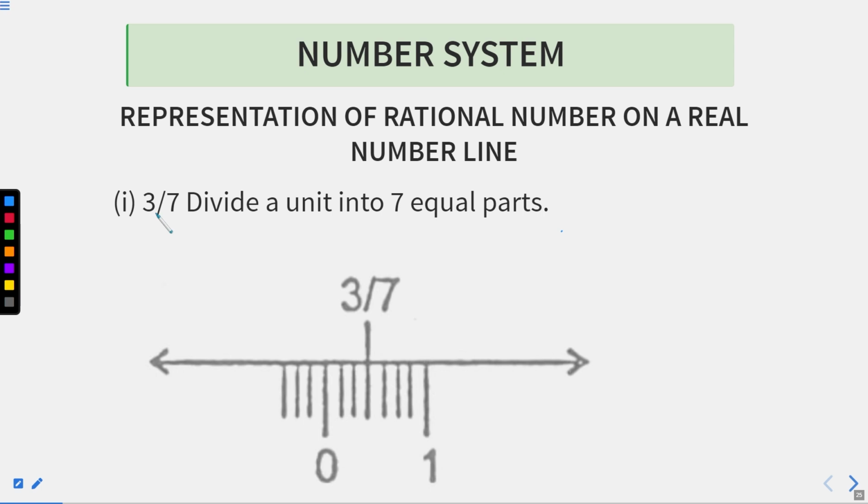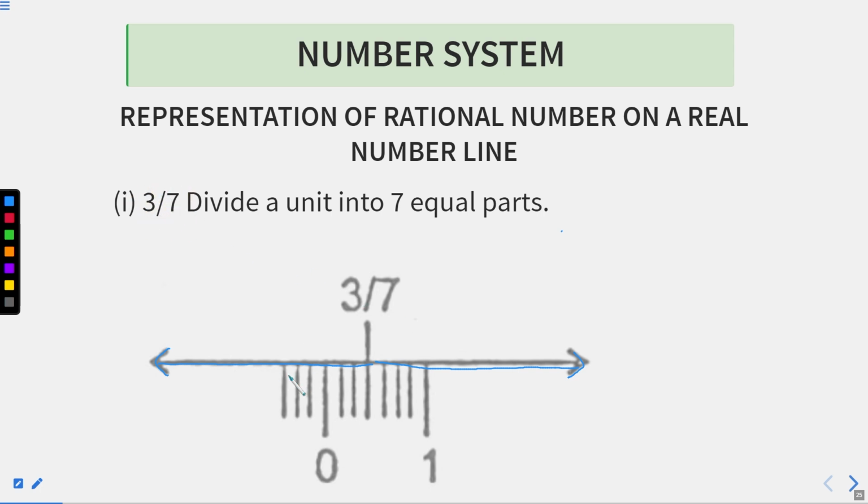Now similarly, 3 by 7 we can represent like this. We are given our real number line and we are given 3 by 7.